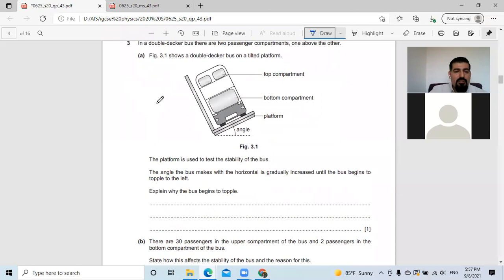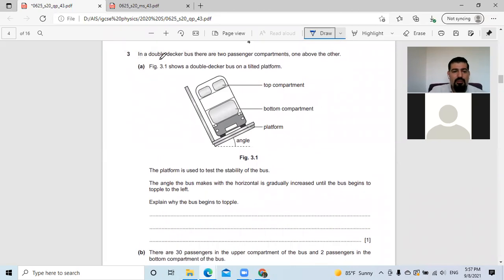Okay, what does the next part tell us? In a double decker bus, there are two passengers compartments, one above the other. Now what this said, the figure shows the double deck on a tilted platform.